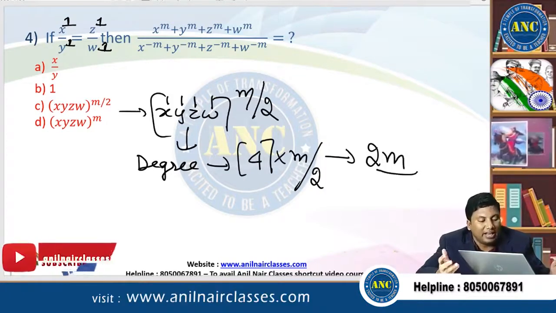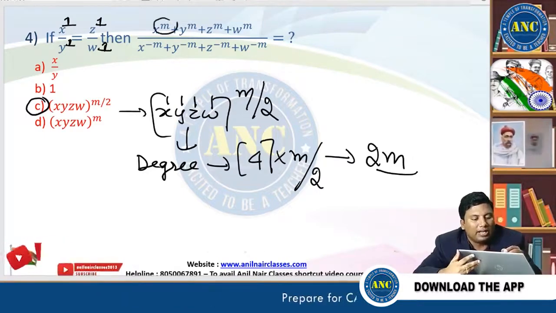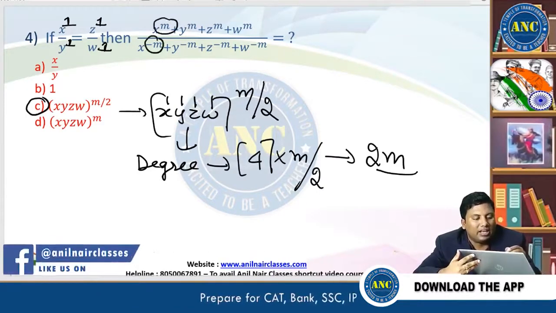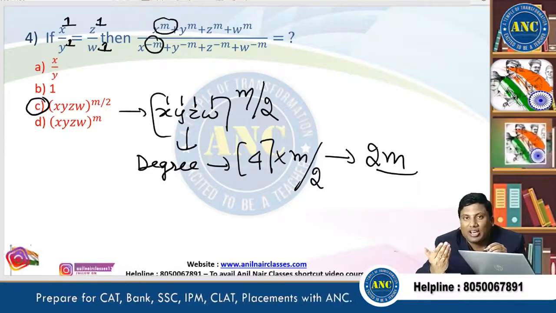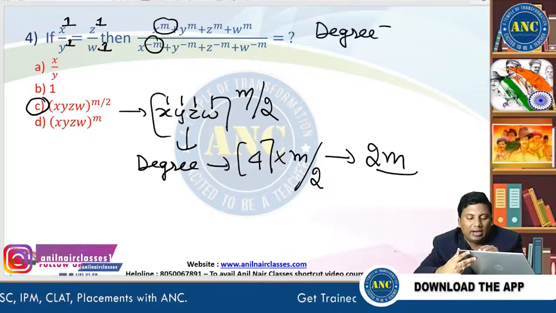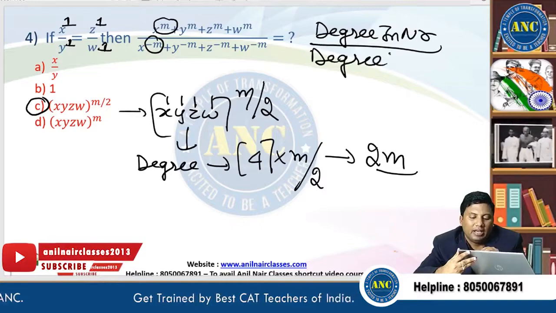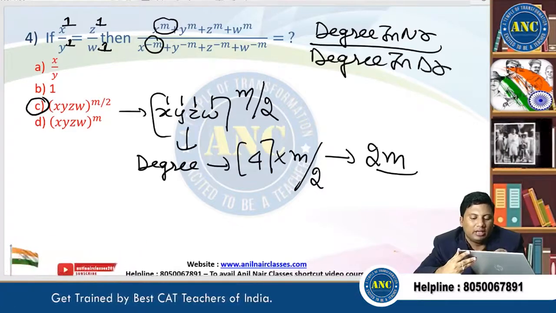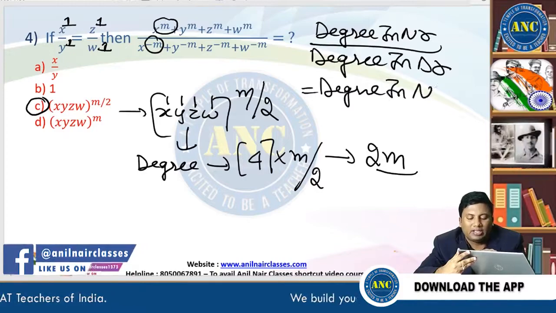So what is the degree in the third value? Third value it is 2m. Now here it is m. Here it is minus m. So if division is, if it is a rational function, what is happening to degree? Degree in a numerator by a degree in a denominator eventually is becoming degree in numerator minus denominator.